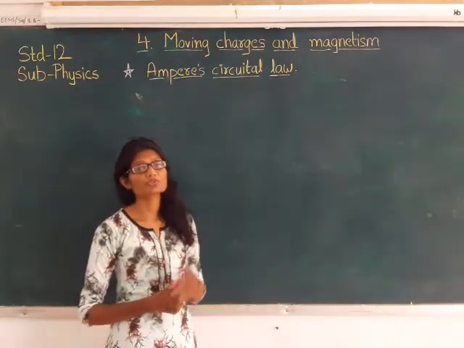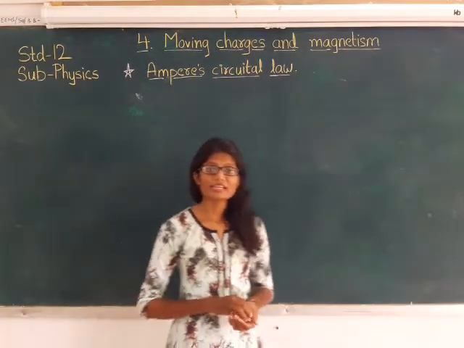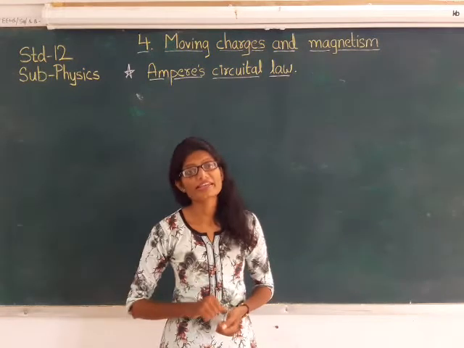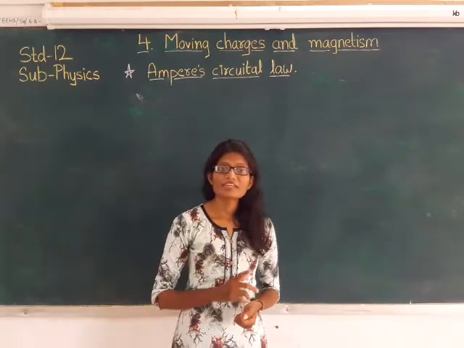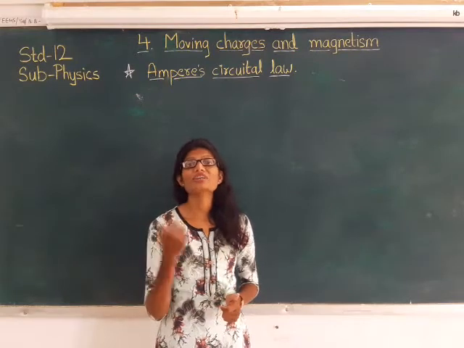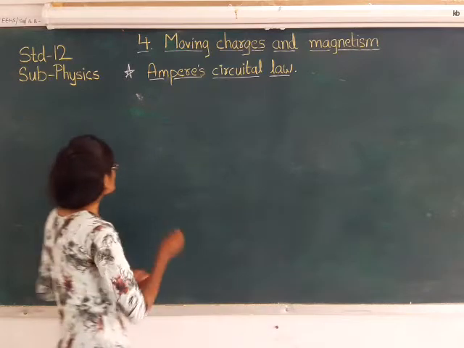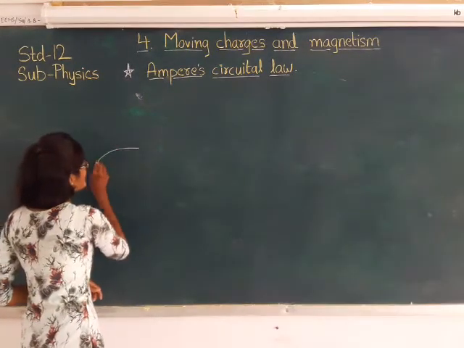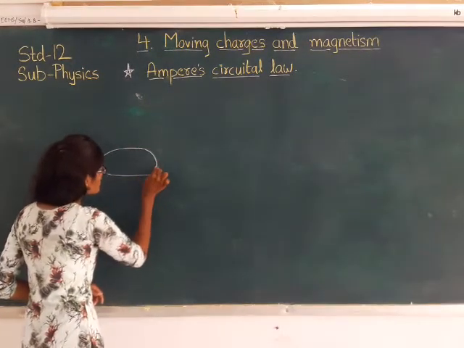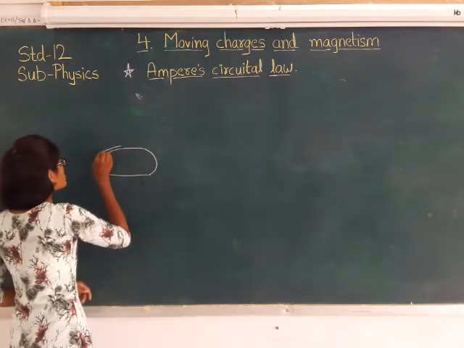Before going to the detail of the topic, let me remind you about the relation between the magnetic field and the current. If we take a wire and current is passing through the wire, then the magnetic field is generated around it.